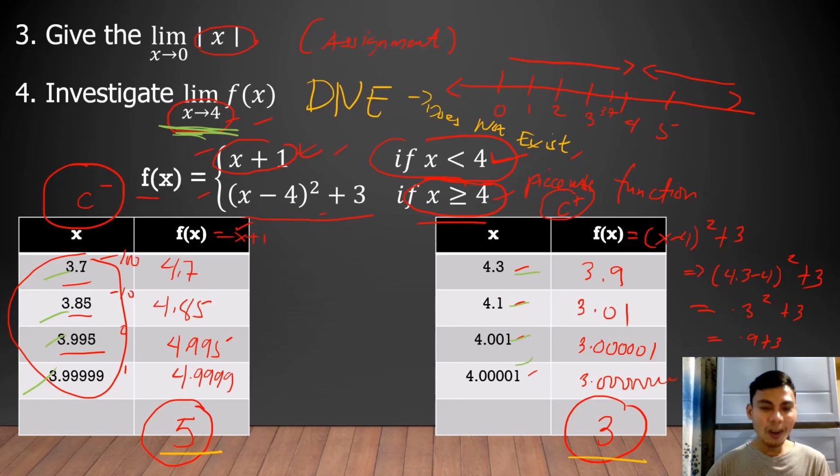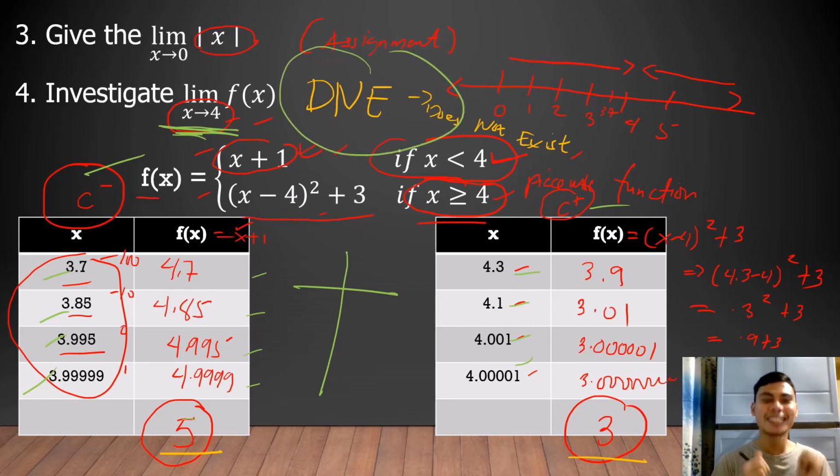Tapos, dito, you will look at the pattern kung saan siya papunta, closest number na papunta. Kung saan siya papunta, say here, this is 5. Tapos, sa right, from the right, it's also 5. Then, we have limit. If and only if the limit from the left is the same sa limit from the right. If they are different, the limit does not exist. And that's it. That's just the concept.